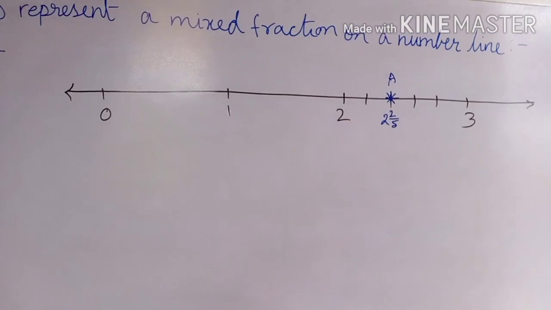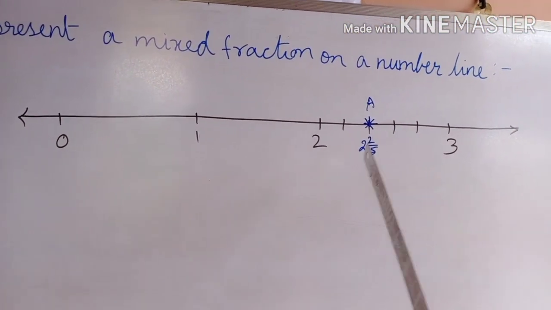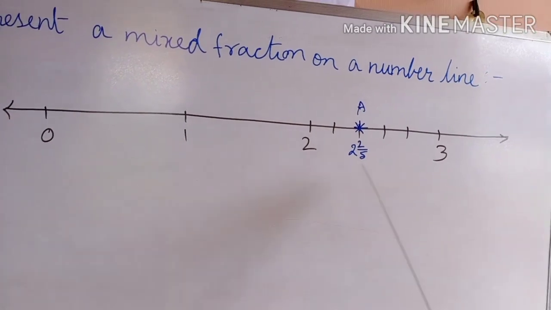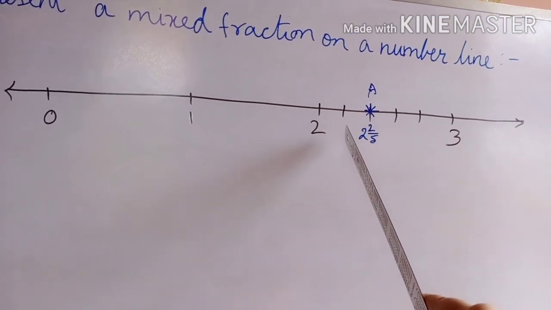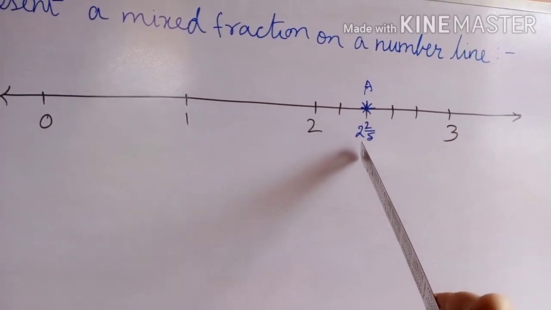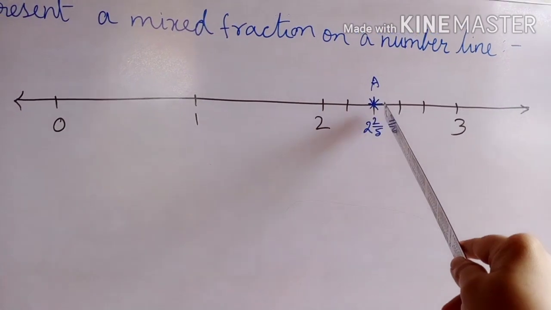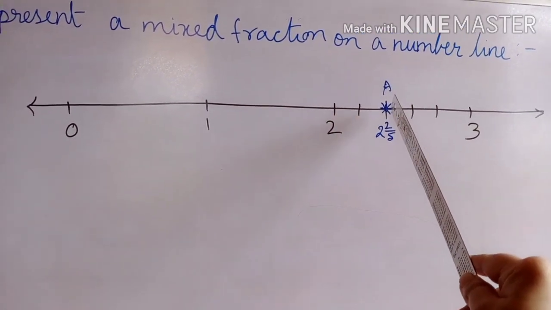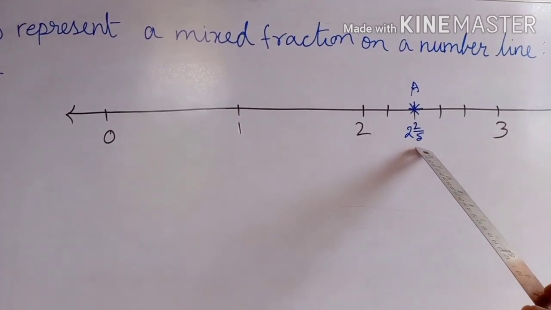So now after dividing the number line into 1, 2 and 3, we divided 2 to 3 into 5 equal parts. So this is 2 1 by 5 part, and this one is 2 2 by 5, which we have to represent. Here I have marked this point and named it A. So this is how the mixed fraction is represented in a number line.